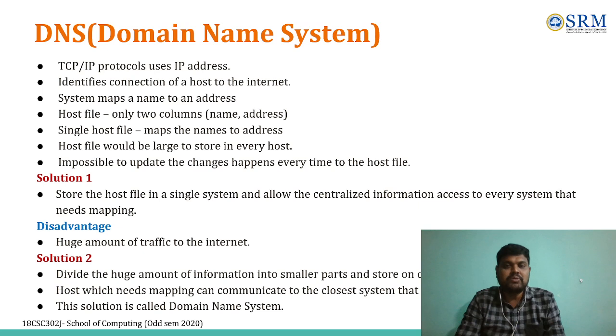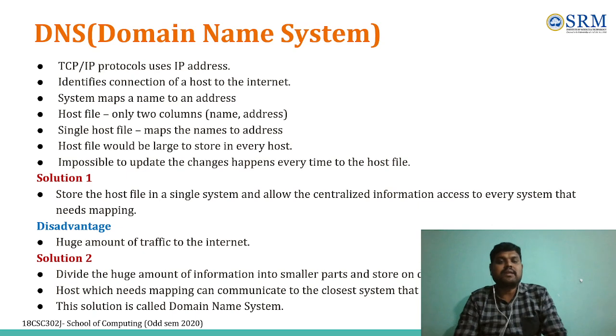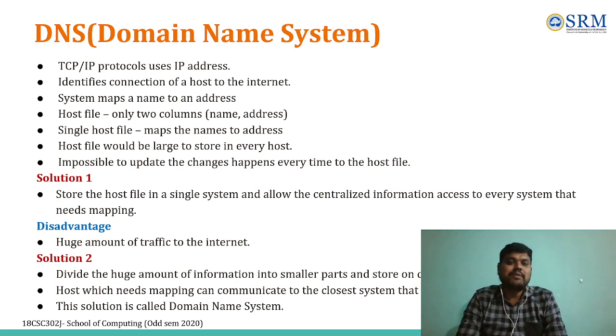An IP address is mandatory to connect to the internet or network, but it is difficult to remember the IP address of all the devices. So the domain name system is useful to map the unique name to an IP address.